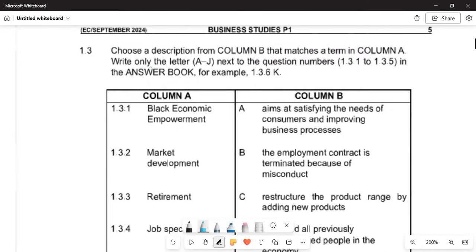We are to choose the description from column B that matches a term in column A. That is the matching questions. Write only the letter A to G next to the question numbers 1.3.1 to 1.3.5 in the answer book. The example that is given is 1.3.6 K. So that is how we are going to write our answers.